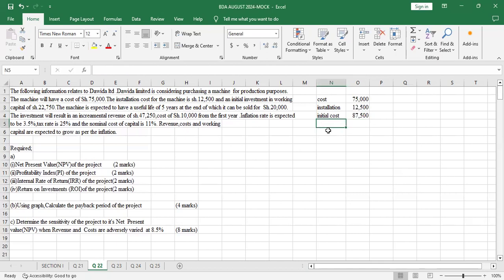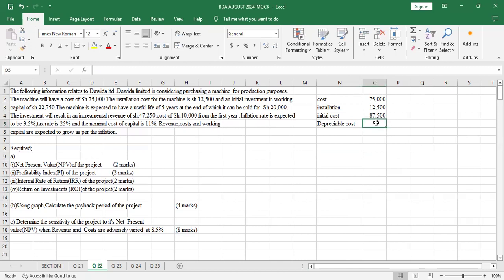So this 87,500 will also be the depreciable cost. Yeah, so that's what will depreciate. Therefore, the depreciable cost is 87,500.